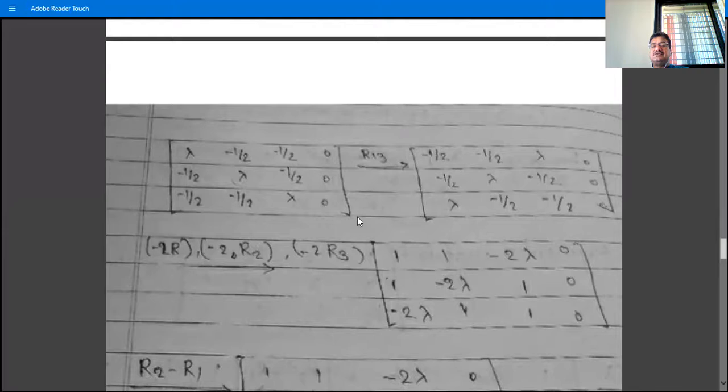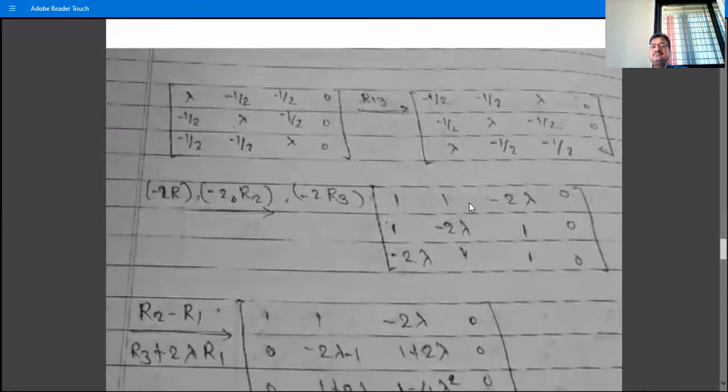To cancel the fractions, we multiply the first row, second row, and third row by minus 2. So we have this matrix after these three transformations.